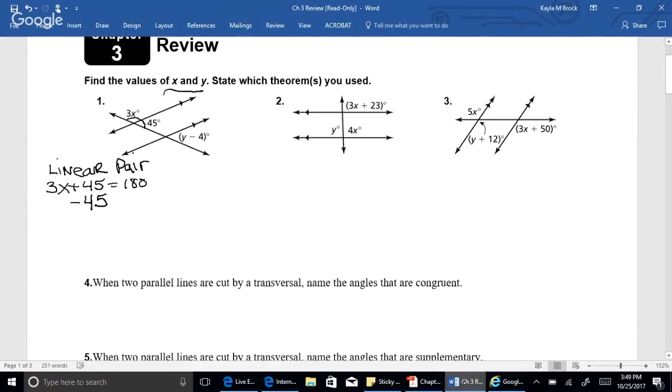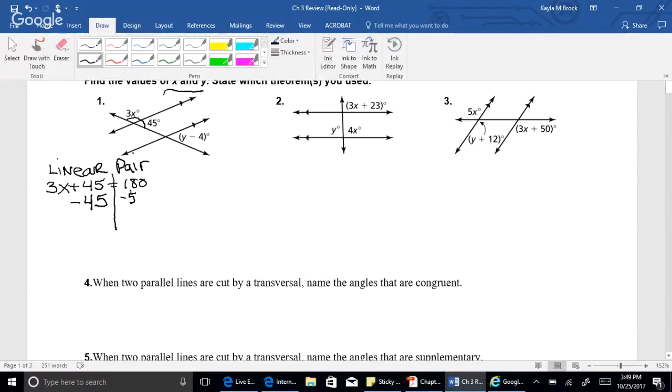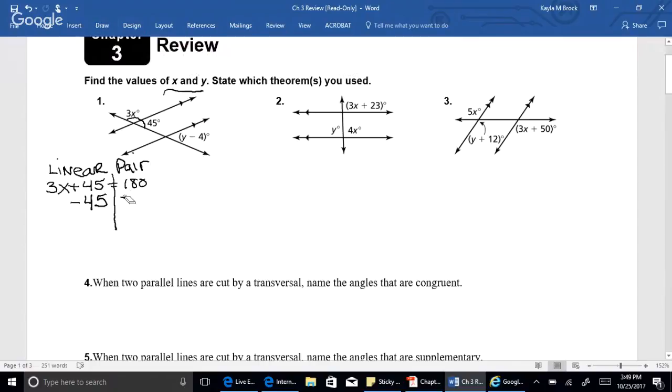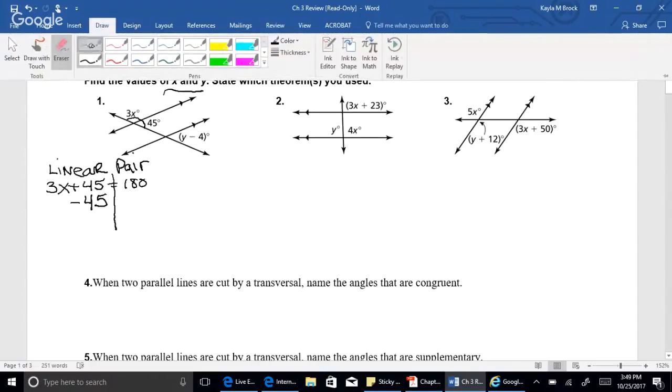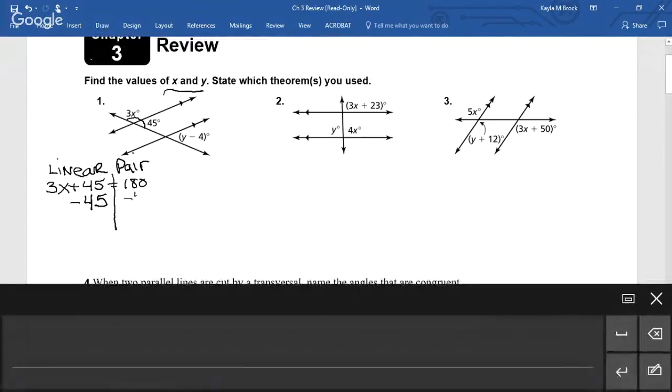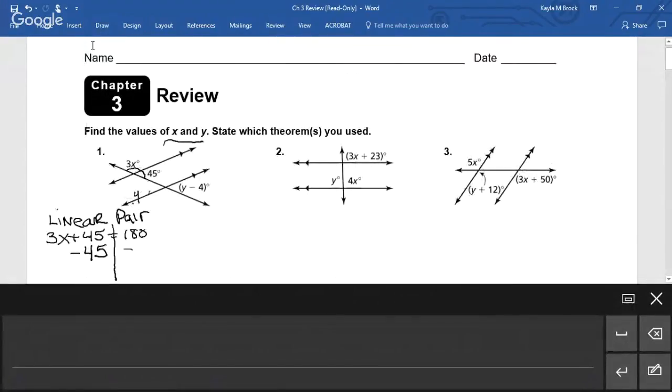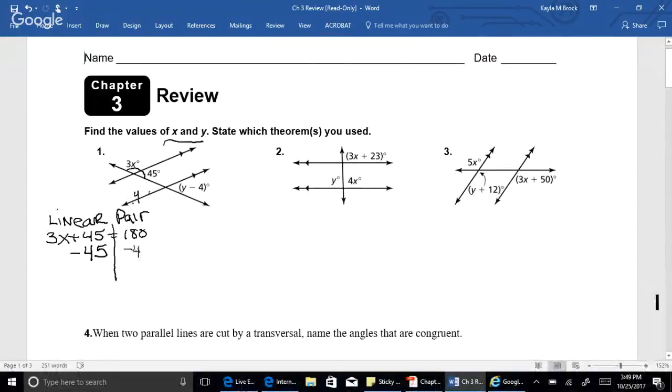So I subtract 45 from one side of the equal sign, and then I subtract 45 from the other side. I'll bring my 3x down, cross this out, and 180 minus 45 is 135.